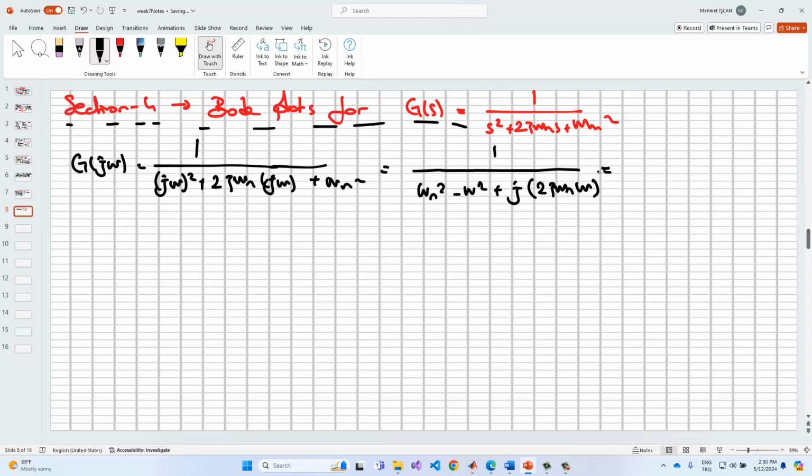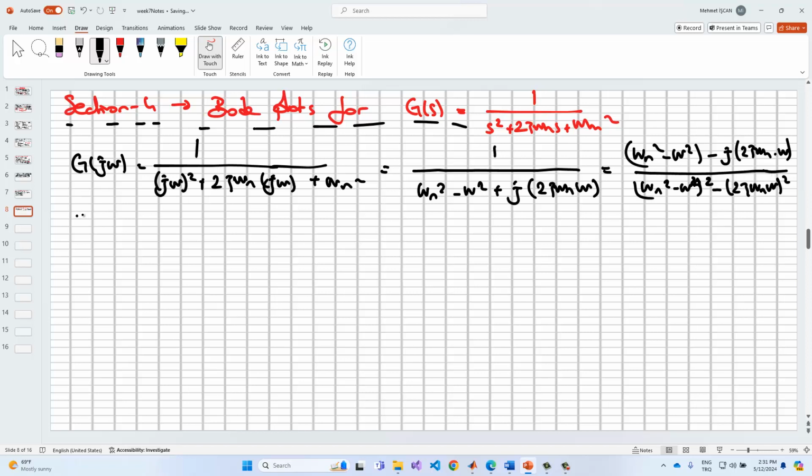And so if we take the complex conjugate of this system, we have ωn² minus ω² minus j2ζωn ω, divided by (ωn² minus ω²)² plus (2ζωn ω)².